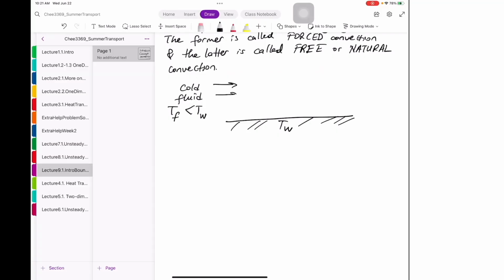And it's blowing in this direction, okay? And the heat is being transferred in this direction, Q, Q. All those Q's might not necessarily be the same.